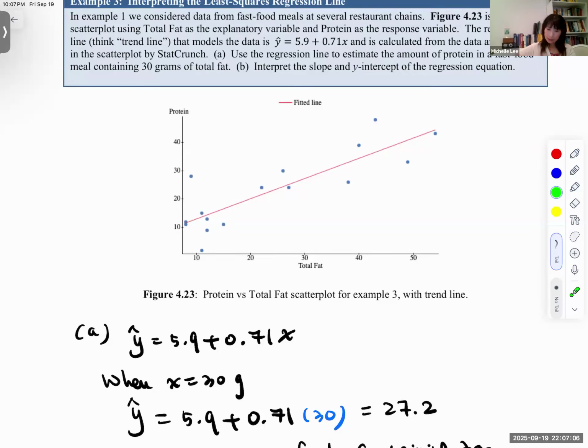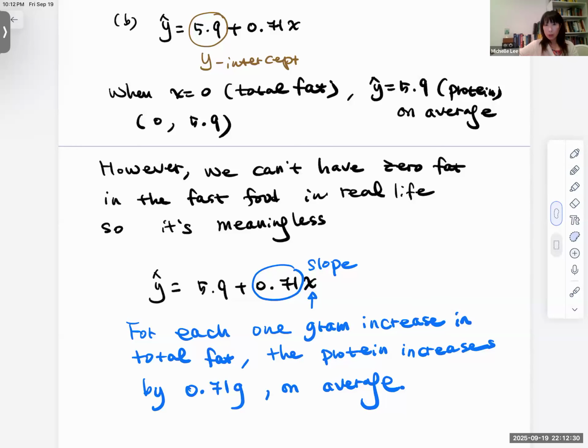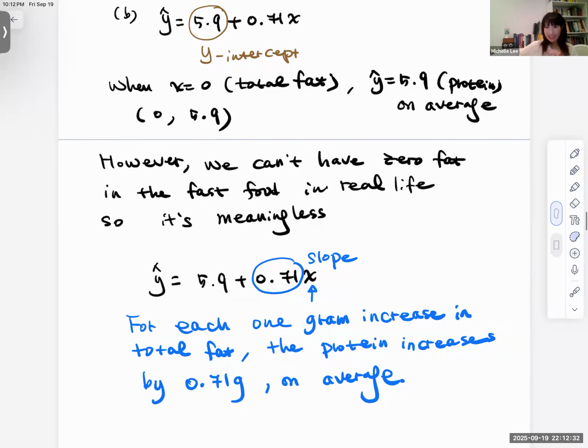Makes sense? So this is the slope. Every time x increases by 1, y increases by 0.71 grams on average. Yeah, let me write down. Okay, so I wrote down what I just said here, right?